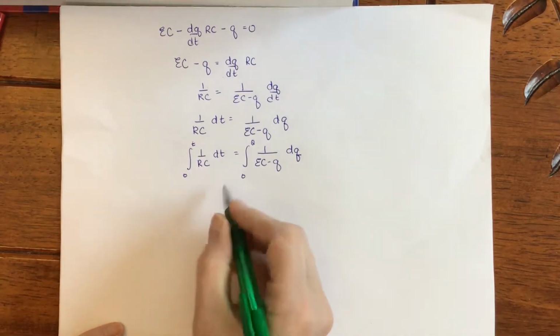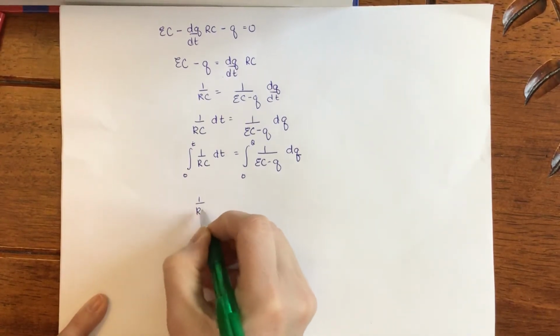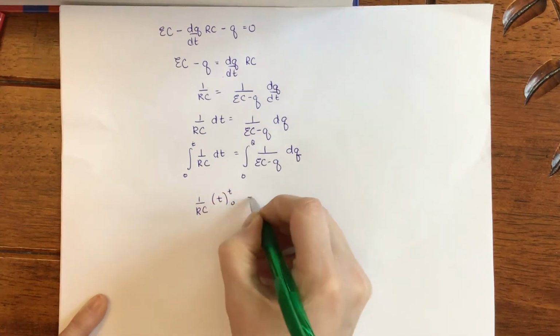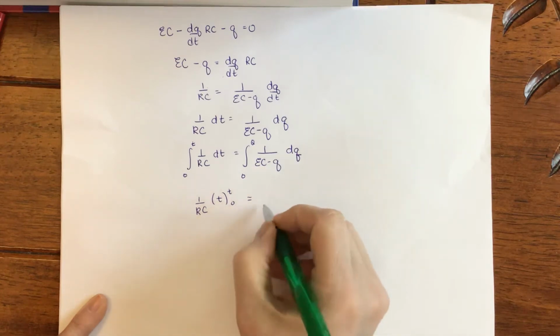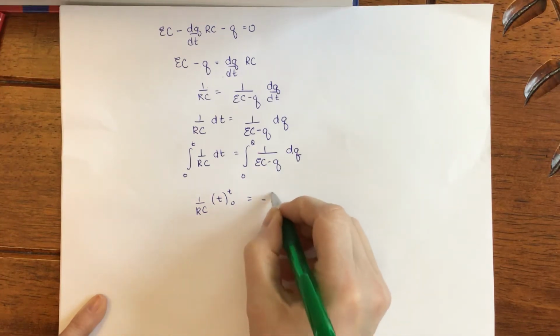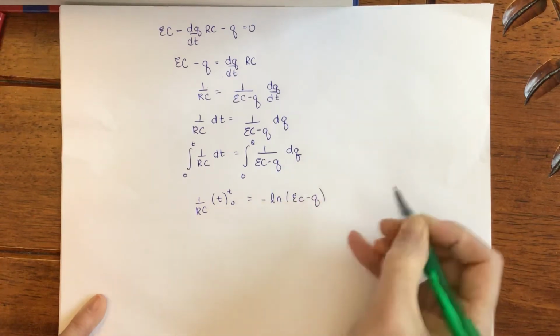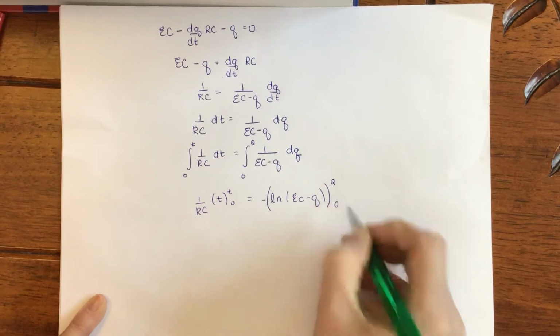So this integral is really easy. Take our 1 over RC outside. The integral of dt is t. That's going to be evaluated at t and 0. On this side, the integral of 1 over epsilon C minus q gives us minus the natural log of epsilon C minus q. That is going to be evaluated at q and 0.